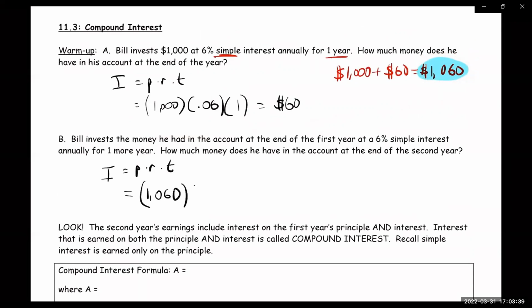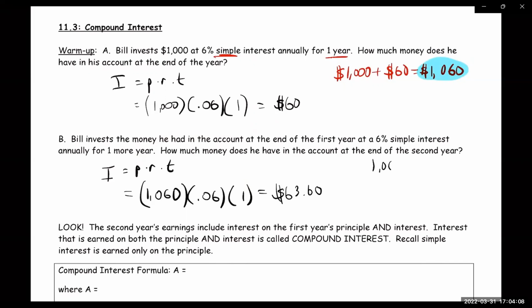So that's going to make it a little bit more than doubling. So that's your new principal. And now your interest rate is still 6%. And now you're still doing it for 1 more year. So that's still 1 because it's an additional year. So now you're going to get slightly higher than 1,120. You get $63.60.